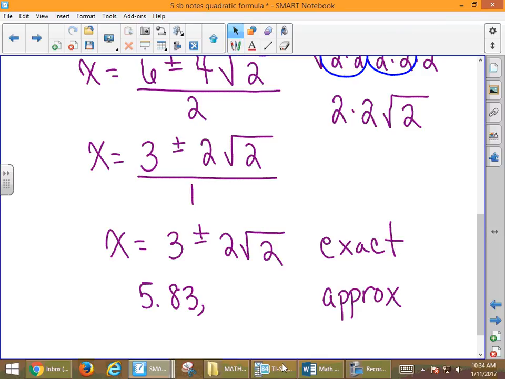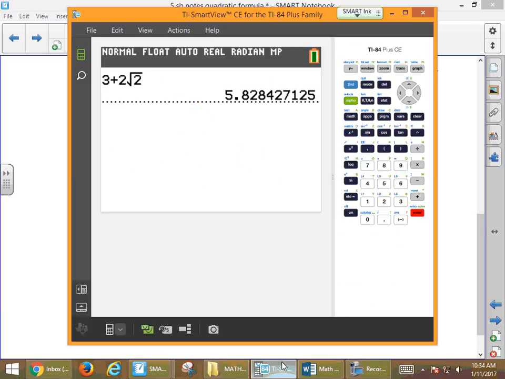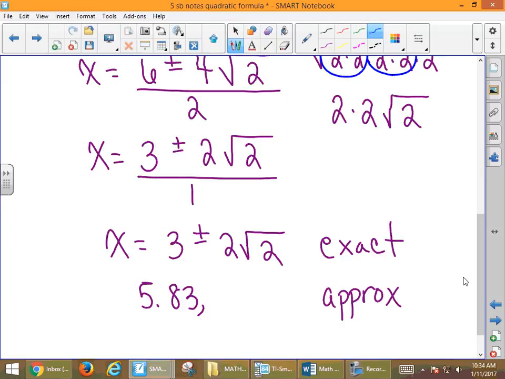And again, depending on your calculator, you can highlight it, or we just have to type it in again. 3 minus 2 radical 2 gives us 0.171. Rounding to the nearest hundredth gives us 0.17 for our approximate.